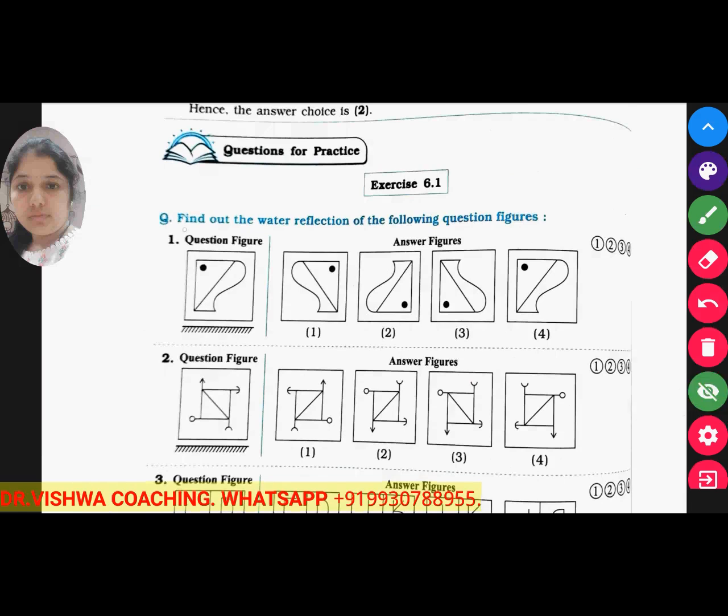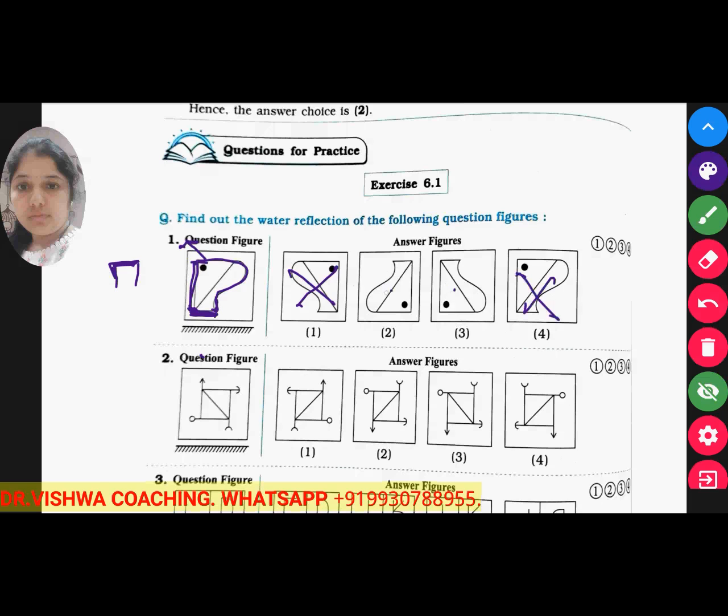Now see, in the first figure there is one shape which goes narrow towards downward, and the first topic is water reflection. Whatever is in the upside comes to the down, and whatever is in the down comes to up. So in the reflection of this figure, the narrow portion will come to the upper side. So this will not be the answer.